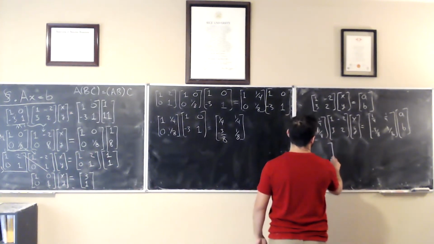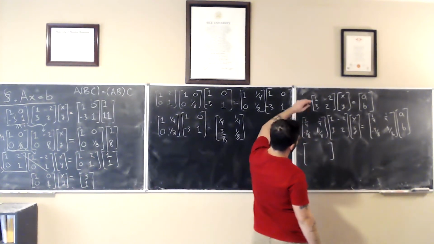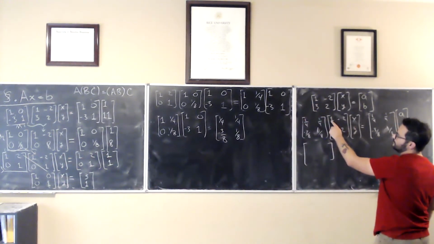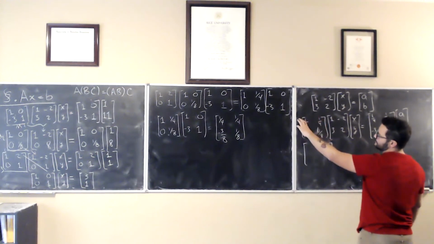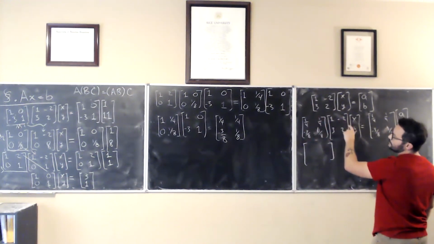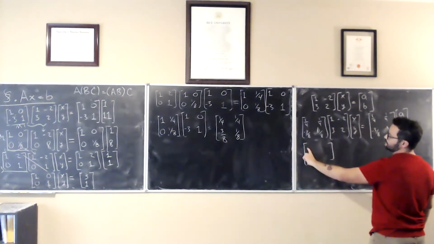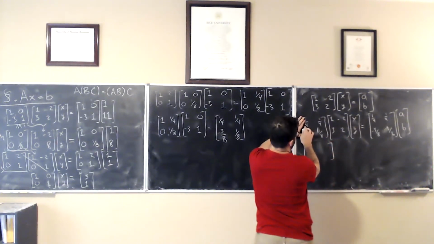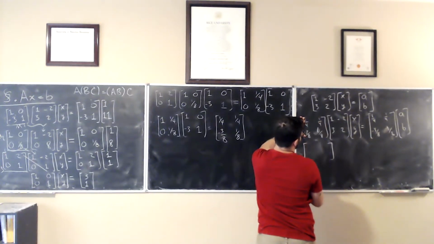All right, so what does this become? So we have 1 of this column plus -2 of this column is going to be the first column. So 1 of this plus -2 of that.